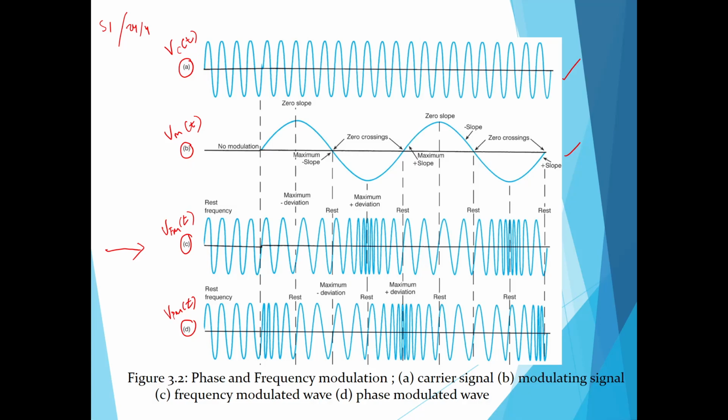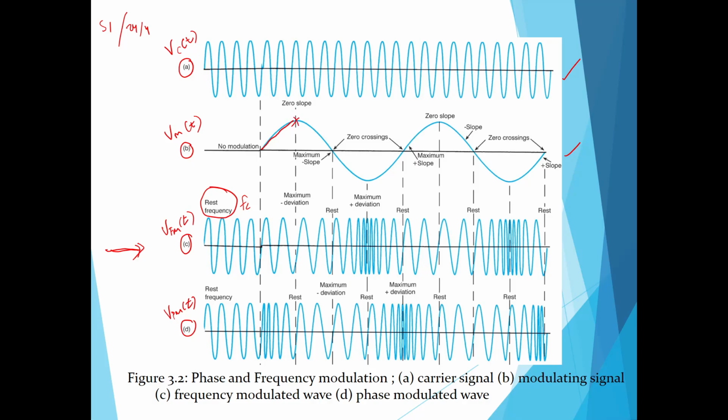Okay, so if you see from picture C, graph C, starting here, the carrier frequency would be at rest frequency. So rest frequency is equal to FC. Okay, initial state. And then the modulating signal moves from 0 until peak amplitude.